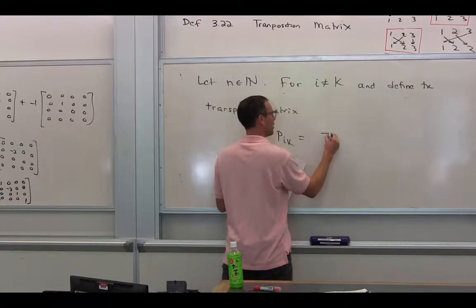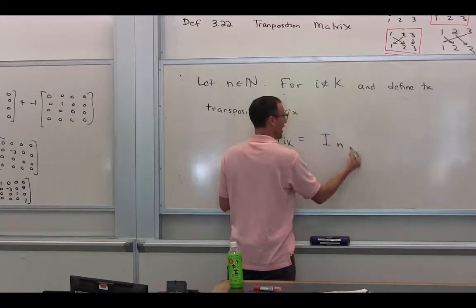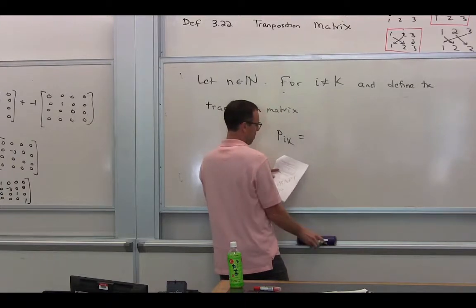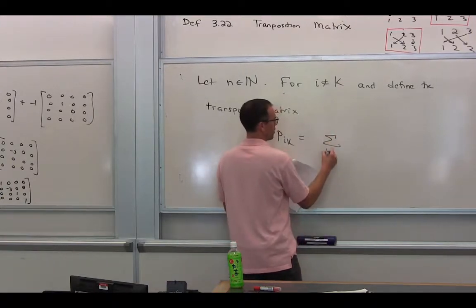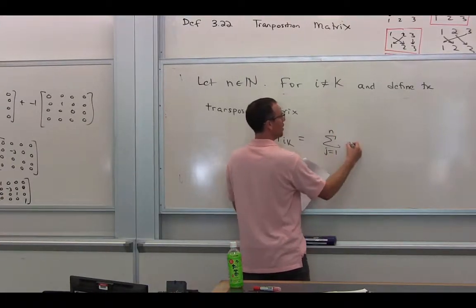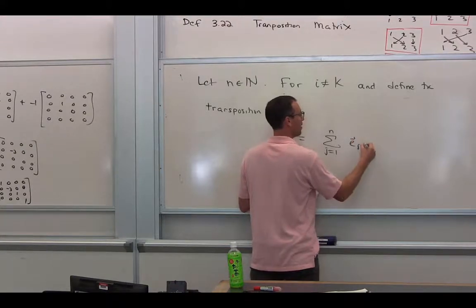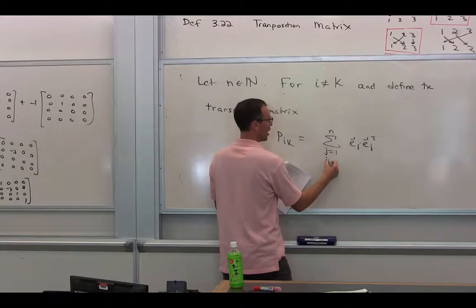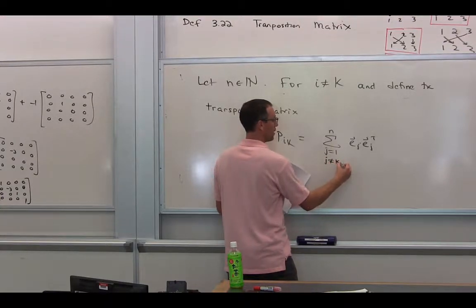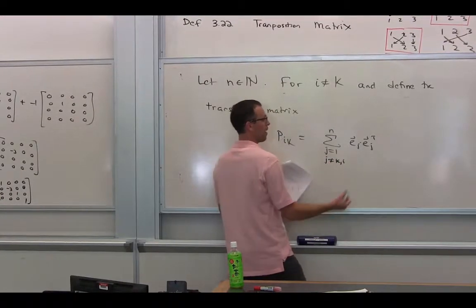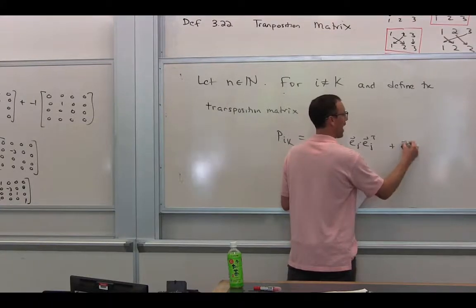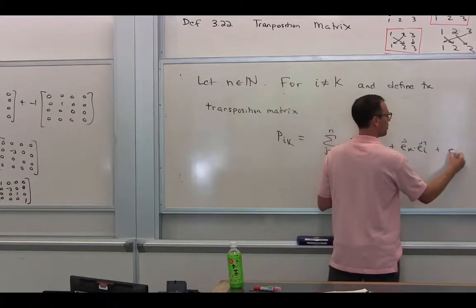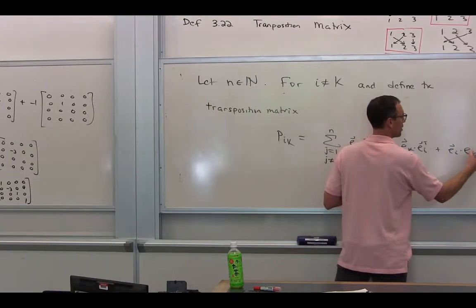I'll do it 2 different ways. How about this? We'll call it I_n. Now I see why I use that definition. So let's go: the sum over j from 1 to n of e_j e_j transpose, but j is not allowed to be k or i. And then what we're going to do is add the appropriate non-zero locations onto this thing.